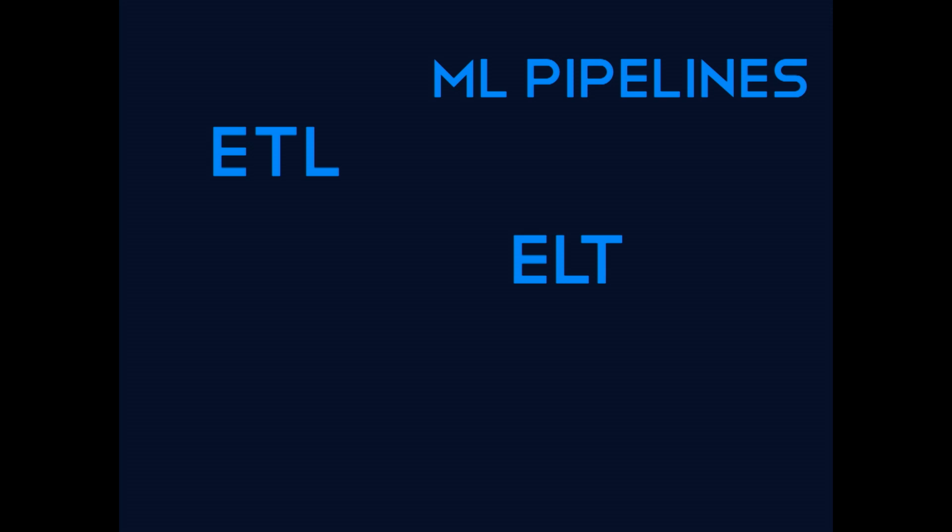So, you hear all these terms: ETL, ELT, ML pipelines, data processing, et cetera. One of the things that I find strange about this ecosystem is that, in our opinion, all of these terms are effectively the same thing, right?